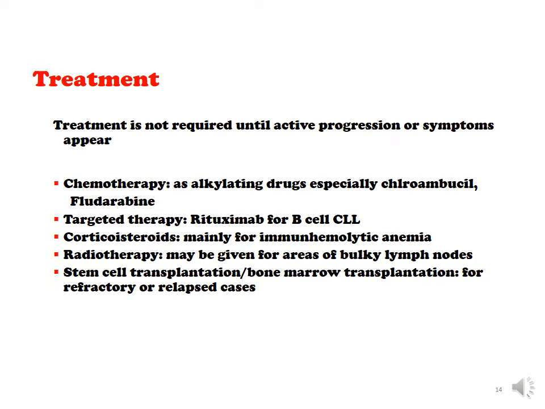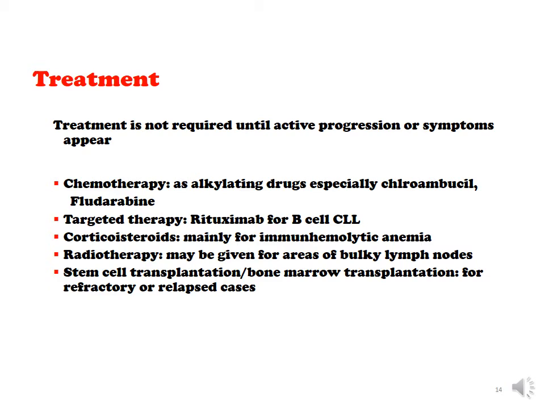You need to know that not all patients of chronic lymphocytic leukemia are going to be treated. This is an important and reassuring part of this disease when you start discussing the strategy of treatment or your plan with your patient. You need to reassure him and take a very detailed history, because some cases of CLL are asymptomatic.